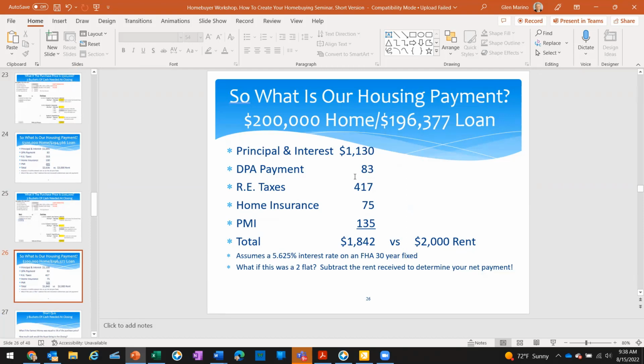And again, the down payment for the $10,000 requires a repayment of $83. The taxes are in the $400 range, with homeowners insurance about $75 a month, and the PMI is $135. They would have a payment of about $1,800 a month, where they can deduct the interest and the real estate taxes for income tax purposes, or they can pay $2,000 a month in rent and get nothing.